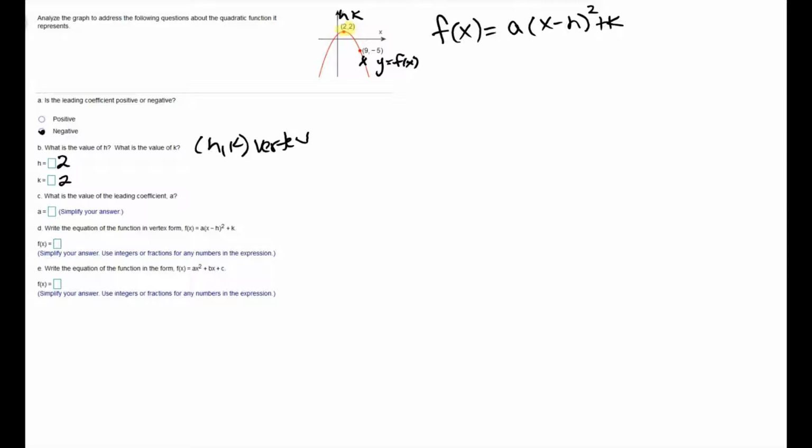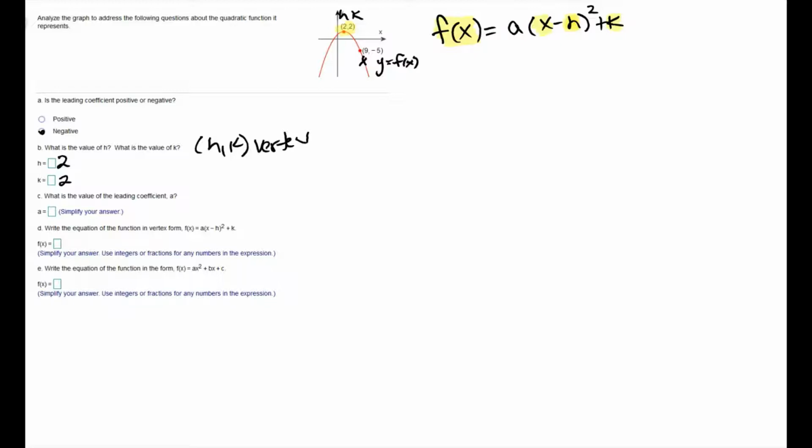So looking over here at our vertex form, we have the vertex that we're able to fill in for h and k, and we're able to fill in that other point with the x and y, which is f of x, and that only leaves the a left.